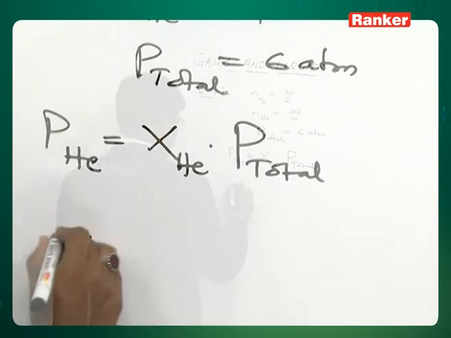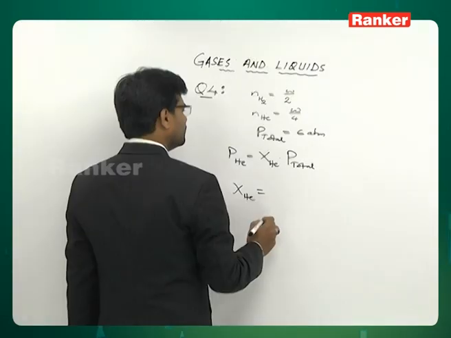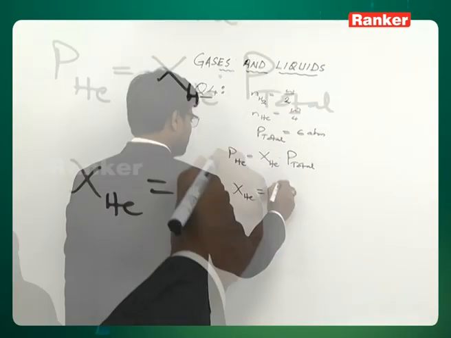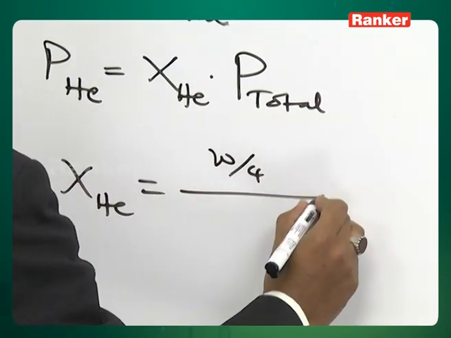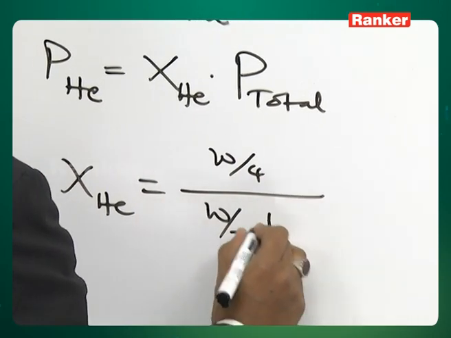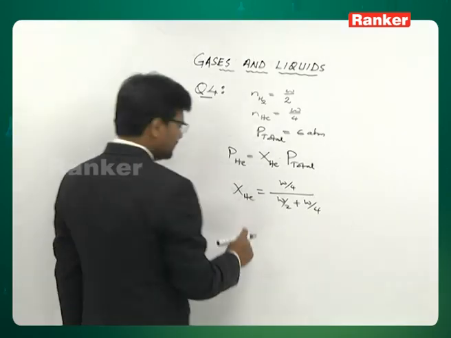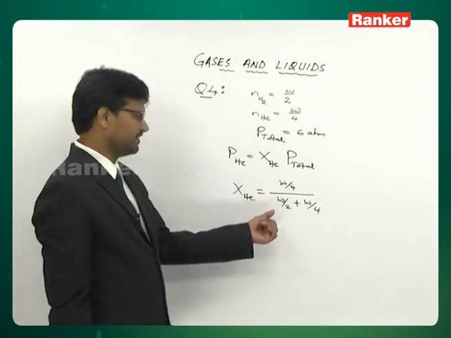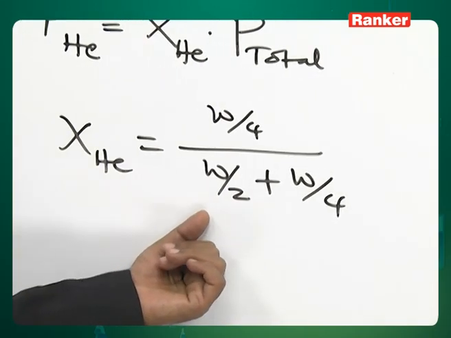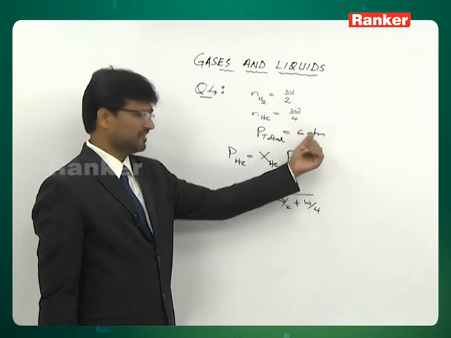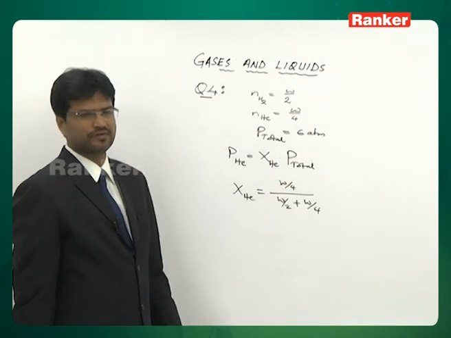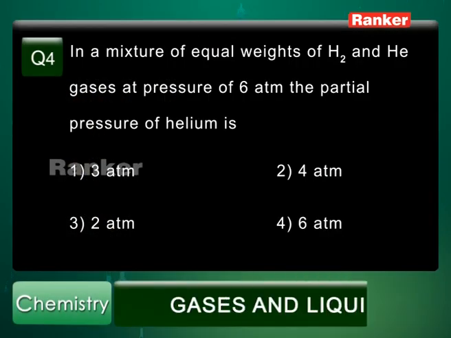So to find out mole fraction of helium, we need to use this, W by 4 divided by W by 2 plus W by 4. This will give mole fraction of helium, and this multiplied with 6 will give you partial pressure of helium, and the answer you get is 2 atmospheres.